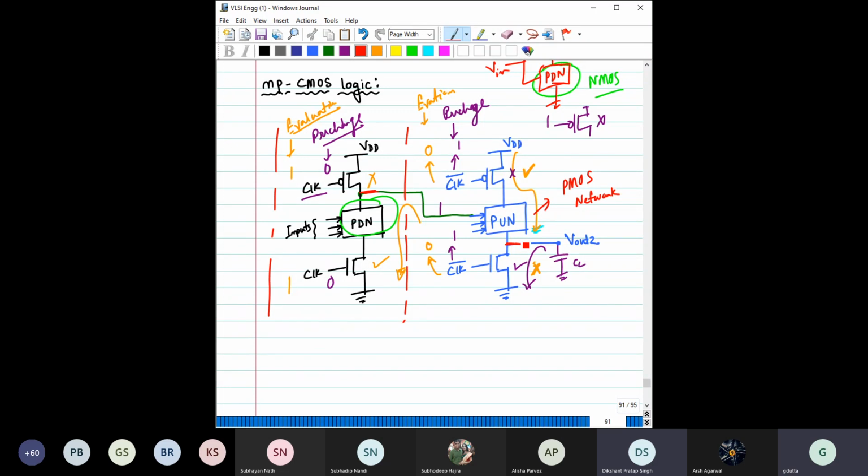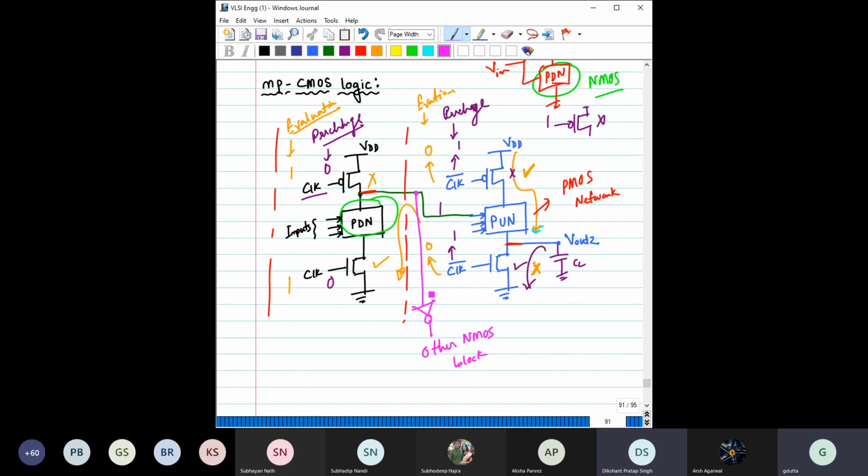Okay. Now the next important thing is, suppose from this node you want to drive other n blocks. Then you have to use again an inverter, with other NMOS blocks, similar to domino, right? Are you getting my point?